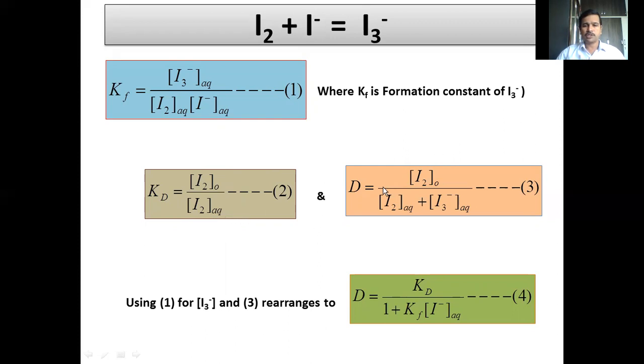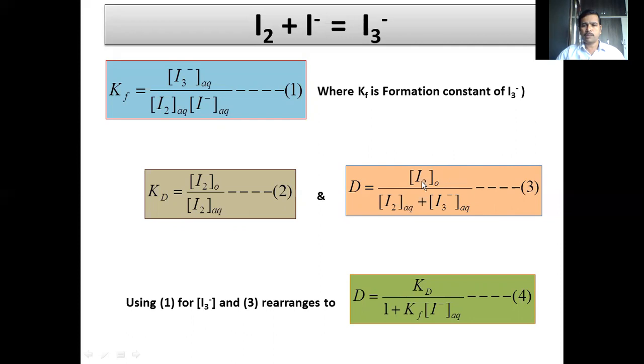Or distribution ratio for iodine will be equal to concentration of iodine in the organic layer divided by concentration of iodine in the aqueous layer plus concentration of triiodide in the aqueous layer. So distribution ratio reflects the total concentration of the analyte in the aqueous and organic layers.